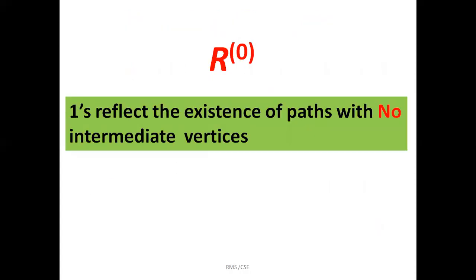So now let's start with R^0 for the given graph. R^0, as we already discussed, gives ones for direct edges, that is, it indicates a path with no intermediate vertex.